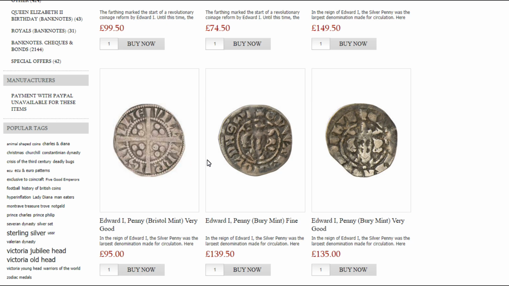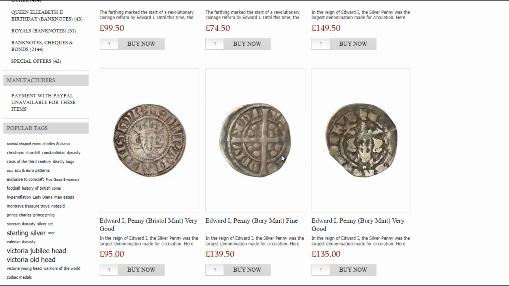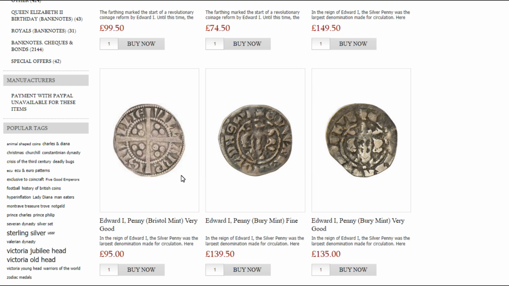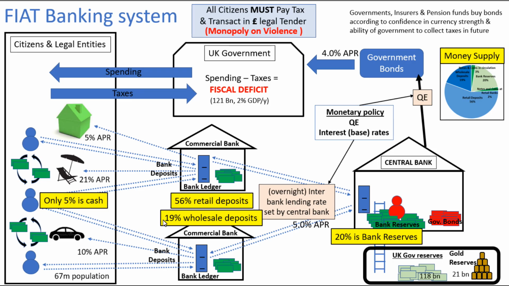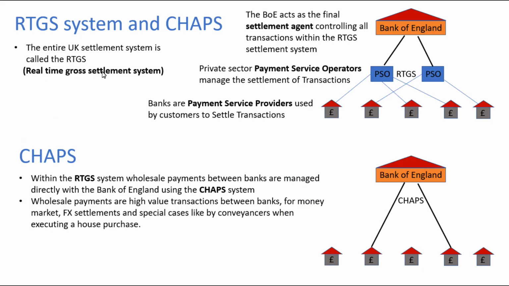So just as the entire financial system was centralized by the king back in these times, with his head stamped on the gold coin you had to use as legal tender, the digital financial system is completely centralized by the central bank. And on top of the real-time gross settlement system, we also have the CHAPS system. And this is for wholesale payments between banks and large financial institutions and big businesses.